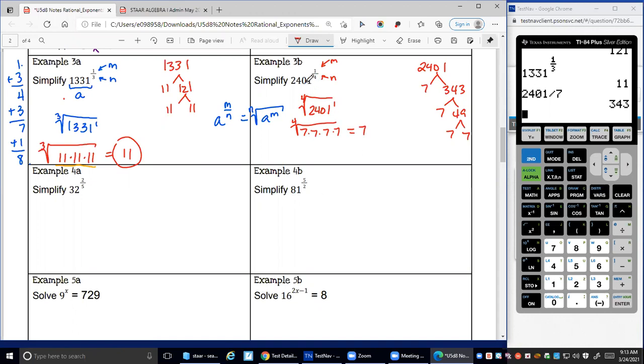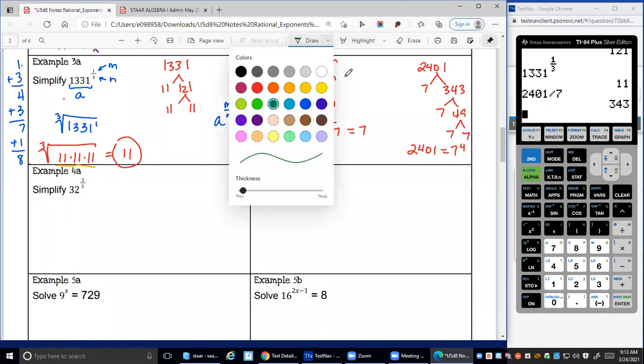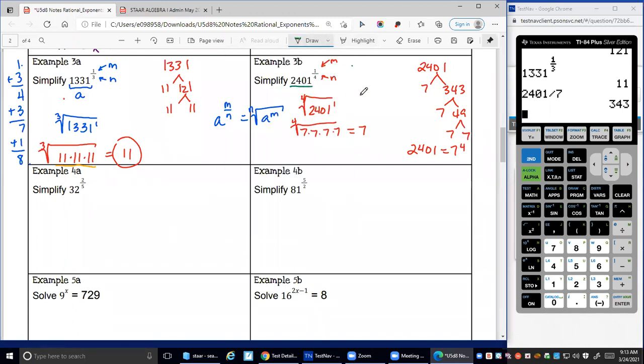One other method: would you agree that 2,401 is equivalent to 7 to the 4th power? Yes, that sounds logical. Okay. So what if I replaced the base here with 7 to the 4th power and then raised it to the power of 1/4?